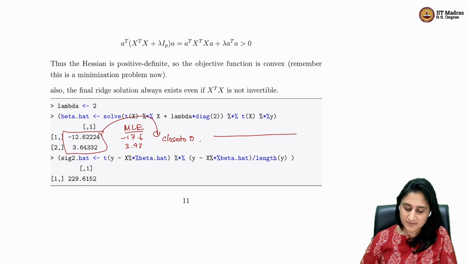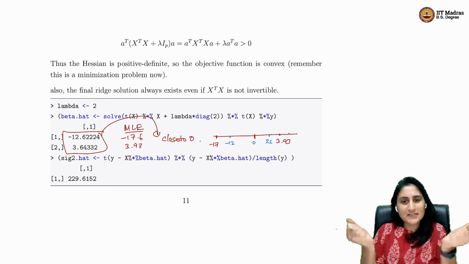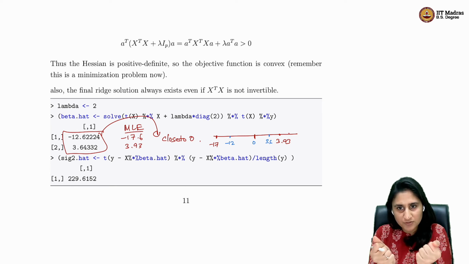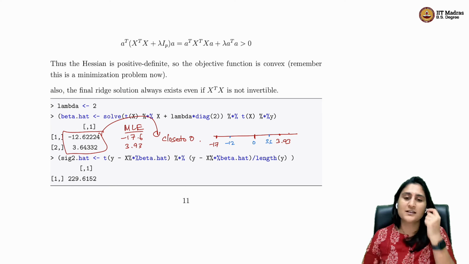So if this is the real line, and I have minus 17 here, and I have 3.93 here, then my ridge estimates are negative 12, closer to 0, and 3.6, which is again closer to 0. So I'm shrinking my regression coefficients towards 0 using the lambda penalty.